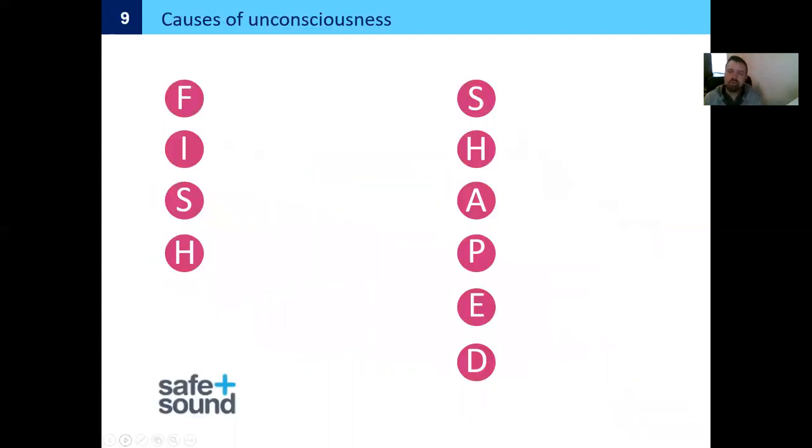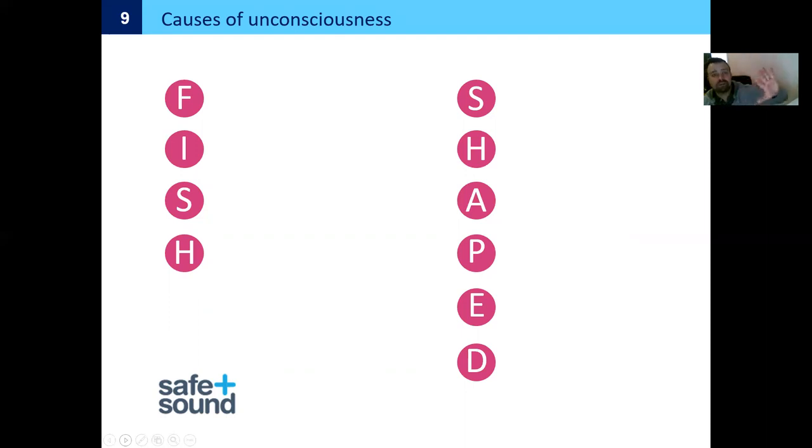Now, we have a thing called FISH-SHAPED, which is the causes of unconsciousness. And for causes of unconsciousness, we're now dealing with our airways. We've done our danger, response, airways, and breathing. They're breathing, but they're still unresponsive.